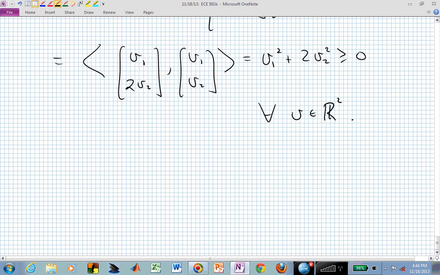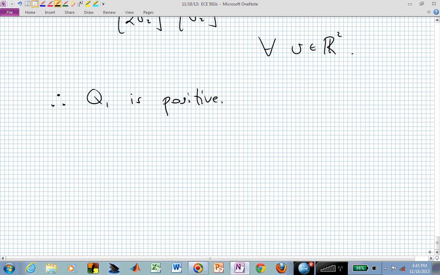Suppose now we looked at another Q, so that Q was positive, wasn't it? Maybe I should say that. So Q1 is positive. Second example, suppose that Q sub 2 is now 2, minus 1, minus 1, 4.